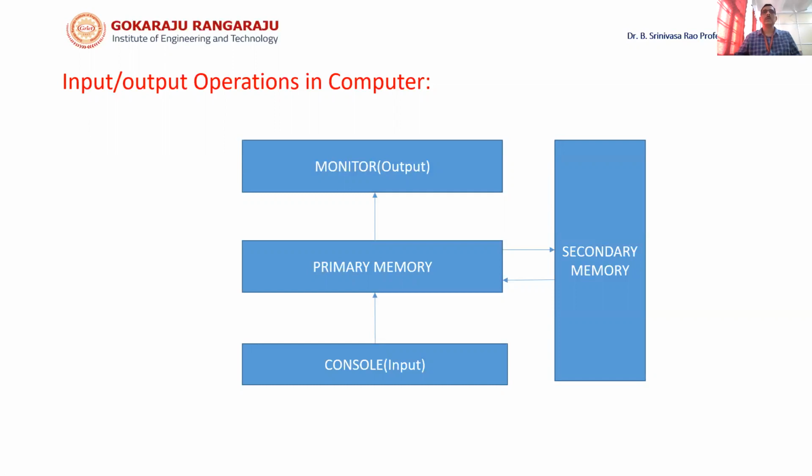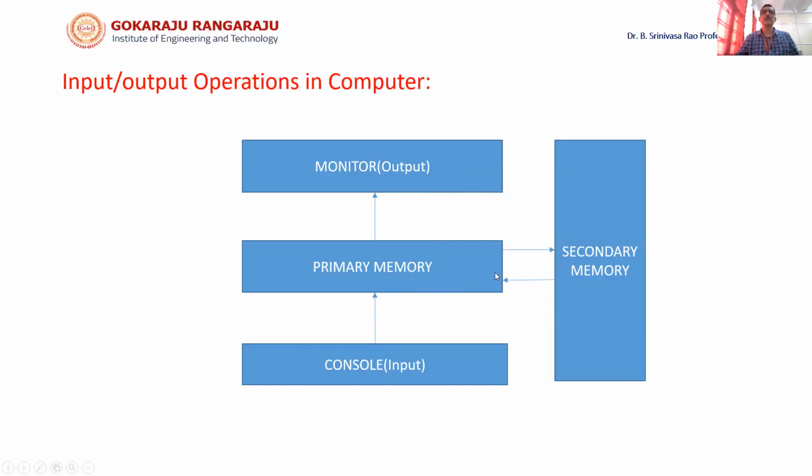So from here, we can input the data either into primary memory or into the secondary memory. Similarly, from the primary memory, we can output the data onto the monitor, or from the secondary memory via primary memory, we can output the data. Whatever functions we use to input the data from the input device to either primary memory or secondary memory are called input operations.